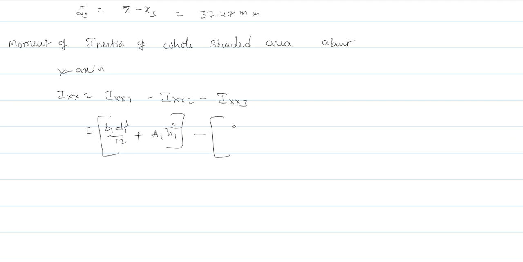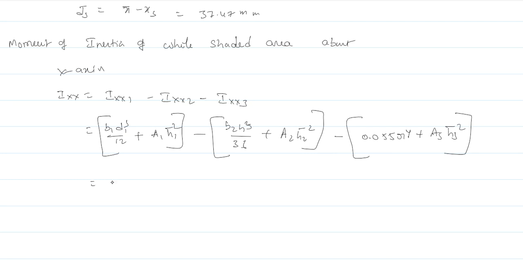minus b2 h2 cube by 36 plus a2 h2 bar square minus 0.055 r power 4 plus a3 h3 bar square. So this is the answer you must remember.